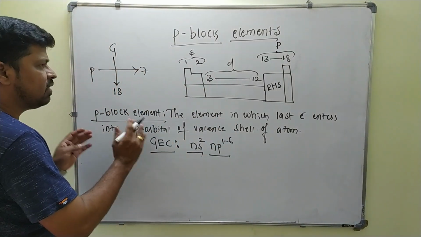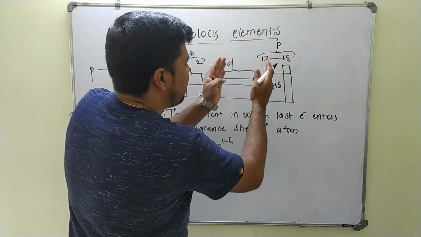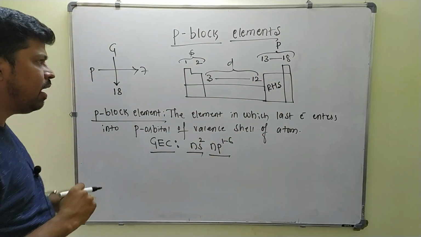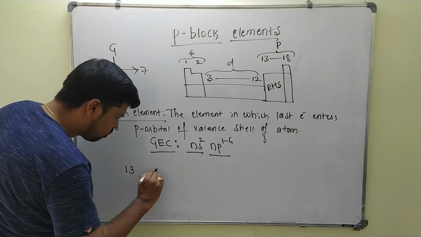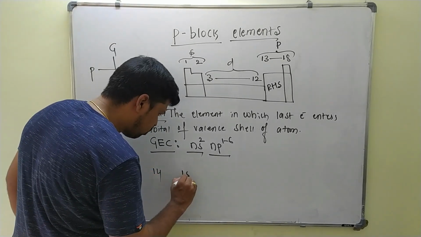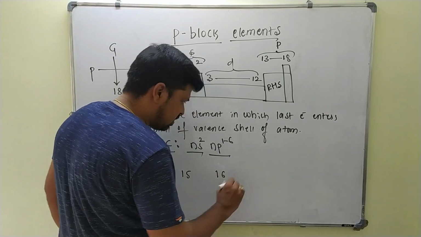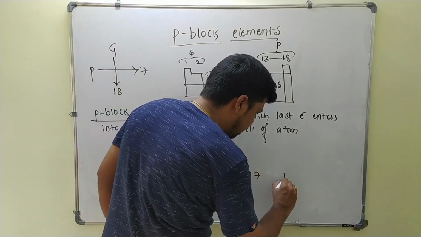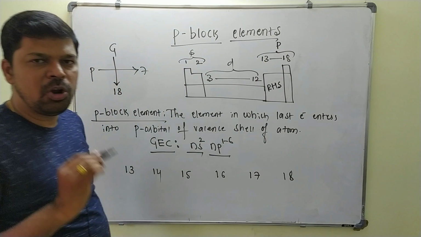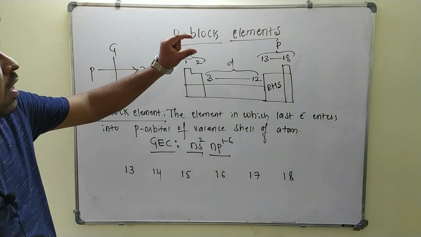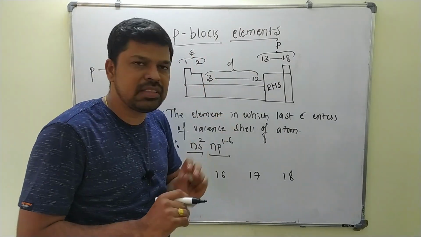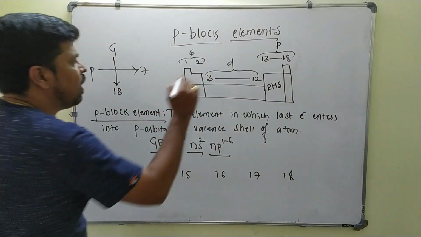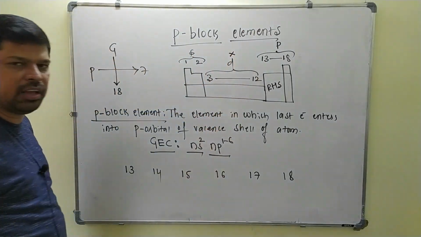Now we will write the general electronic configuration for each group of the P block elements. Group 13, group 14, group 15, 16, 17, and this is group 18. Already we know that these P block elements are included in the main group elements. S and P block elements are called main group elements, excluding the D block elements.